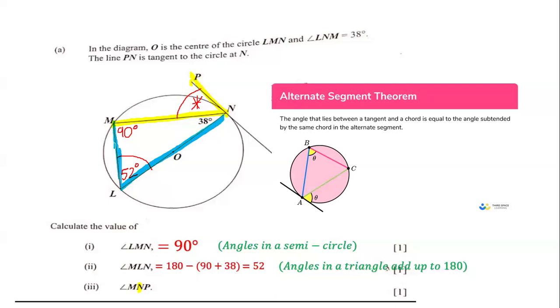So angle L is subtended by the same chord. And so if this is 52 degrees, this is also 52 degrees. And so angle MNP is equal to 52 degrees based on the alternate segment theorem. And that's our answer to this question.